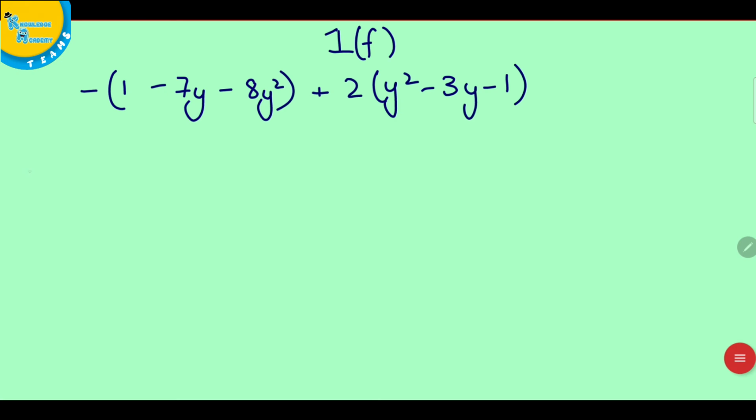Now exercise 1F, as I've explained in detail, I'm just going to do it faster now. So this is minus sign, minus, to solve the bracket I have to multiply minus 1 with all the 3 terms in the brackets. Okay, so I'm going to do it.